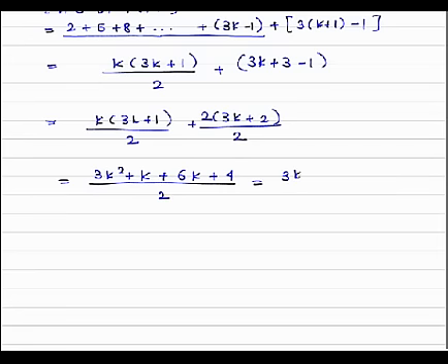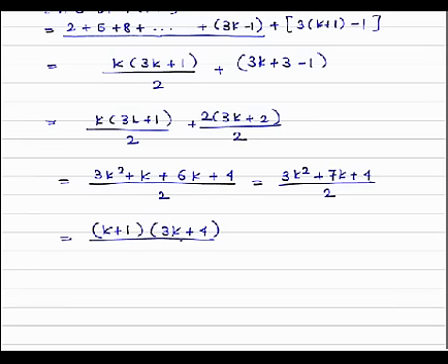So this is equal to (3k squared plus 7k plus 4) divided by 2. After factorization of this, we get the factors (k plus 1)(3k plus 4) divided by 2, and this is nothing but our required RHS.